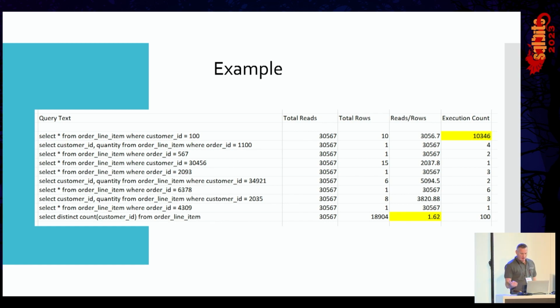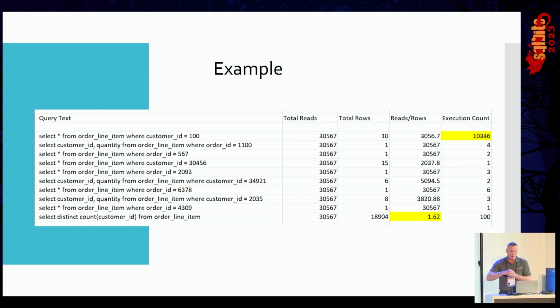Also note, the first query has a very high execution count. And again, I'm going to penalize that query because of that execution count, right? I'm going to make sure that it gets raised up, because a query that executes 1,000,000 times should be considered worse if it's inefficient than a query that executes one time.